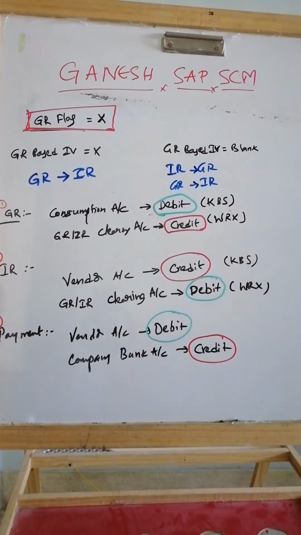For example, GR flag is not equal to X. Let's take it, GR flag equals to blank. Are you able to arrange in the same screen, or let's go to another screen?